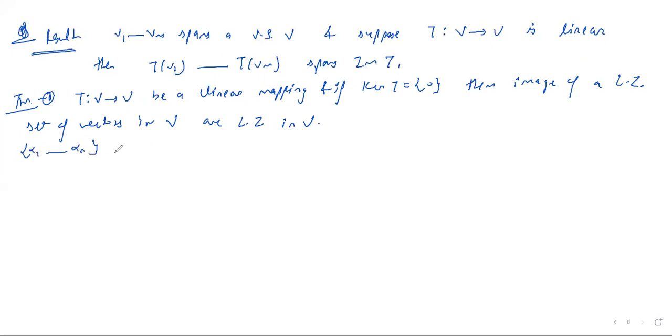So what is it saying? T is a linear transformation and ker T equals 0, which means the mapping is injective.